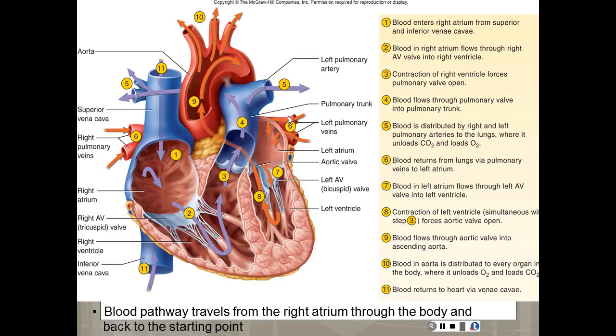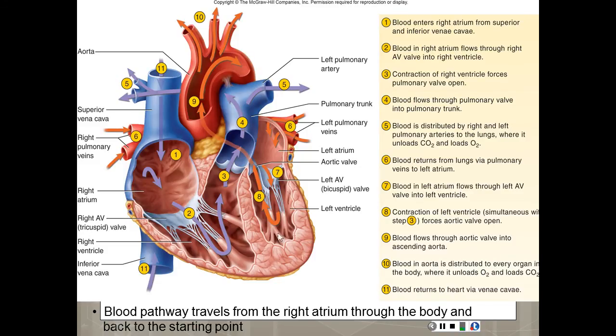Okay? So now it's going to enter into the left atrium, full of oxygen. The atrium then will contract and push the blood through the left AV valve, our bicuspid or mitral valve, into the left ventricle.